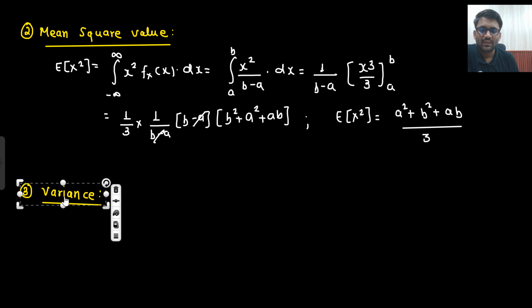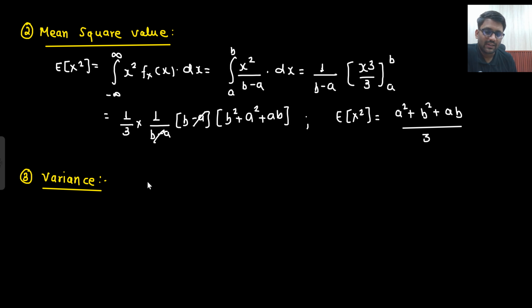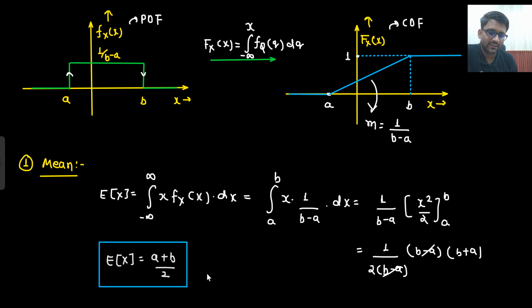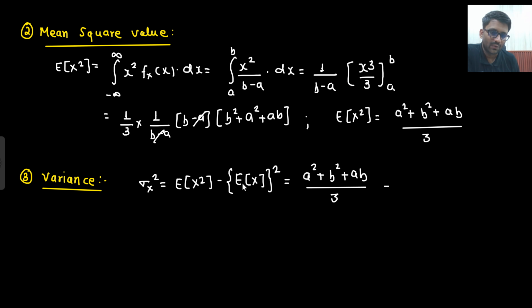But whatever the answer of variance you will be getting, that you need to remember. So what is your variance? That is your expectation of x square minus expectation of x whole square, right? So expectation of x square is a square plus b square plus ab divided by 3, minus, what was your expectation of x? That was a plus b divided by 2. And you need to do the square as well.